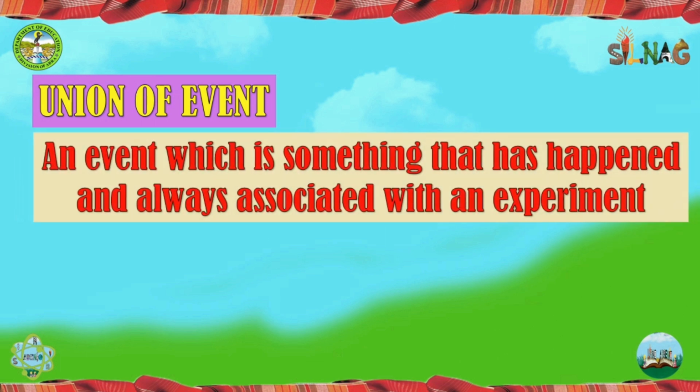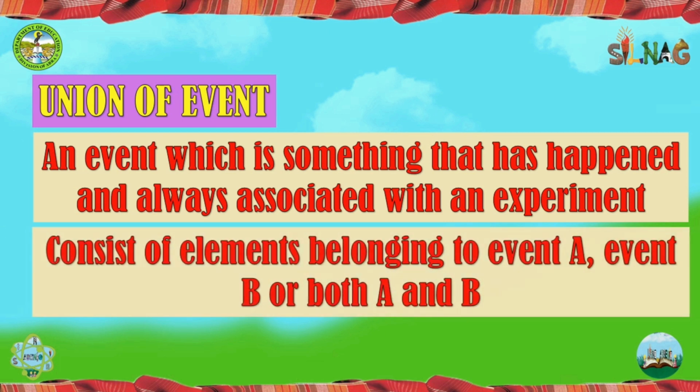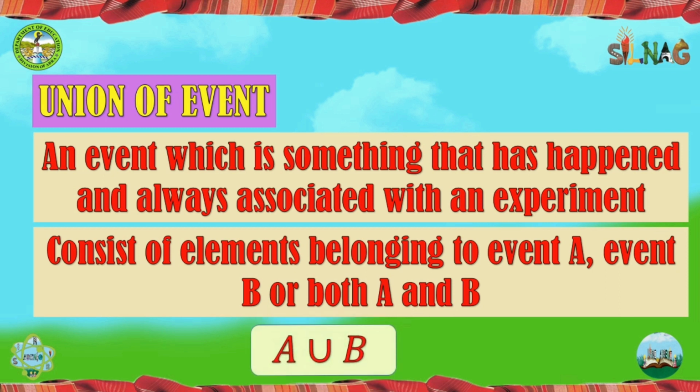Union of events is an event that is something has happened and always associated with an experiment. It consists of elements belonging to event A, event B, or both events A and B. This is written as A or B, or A union B.